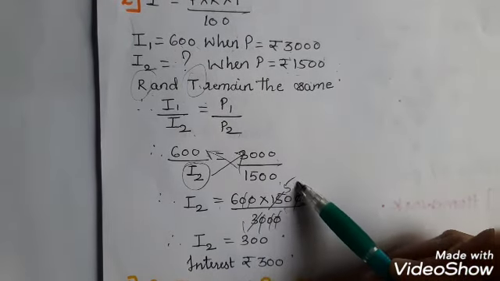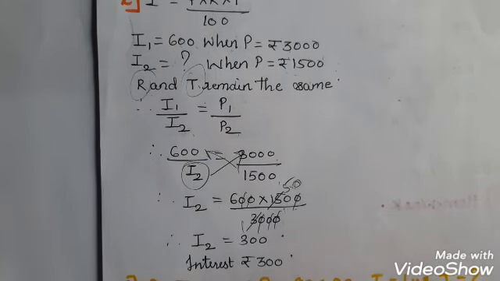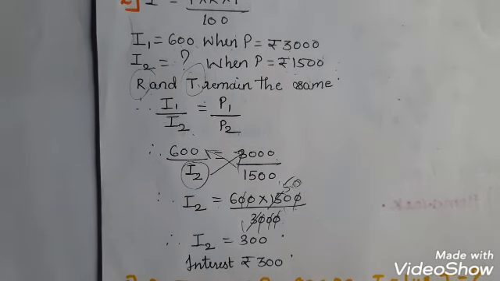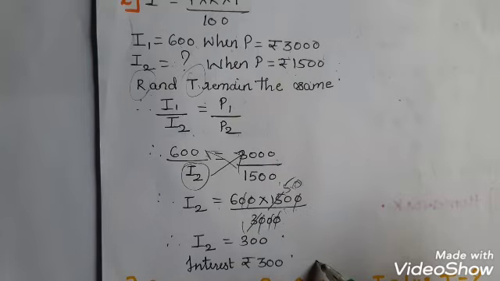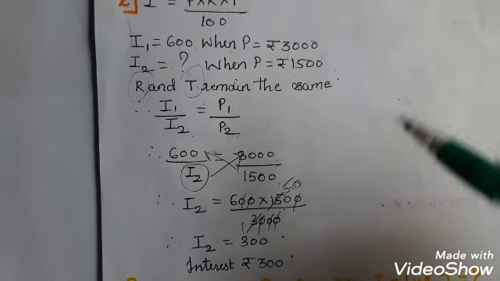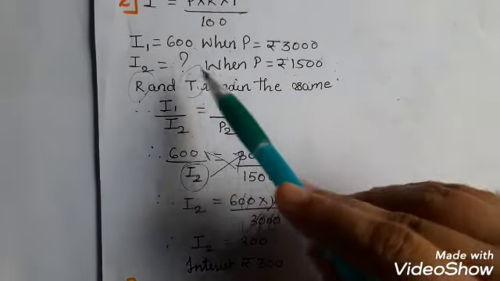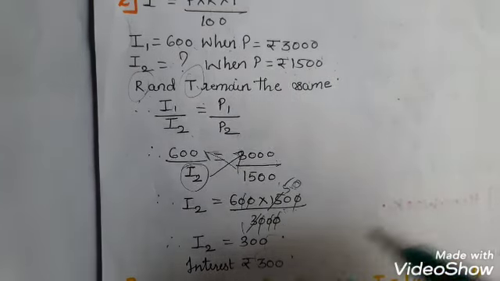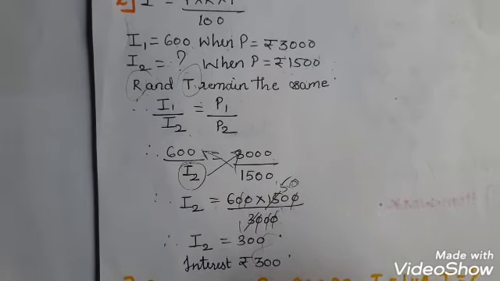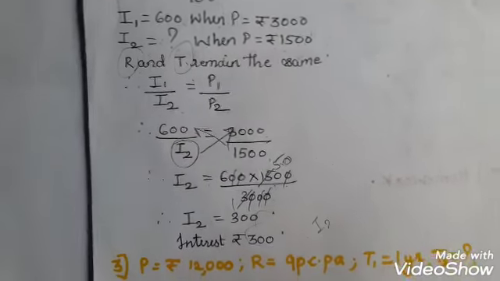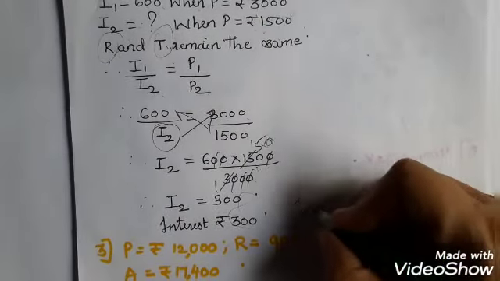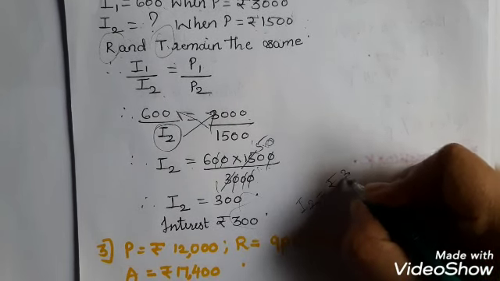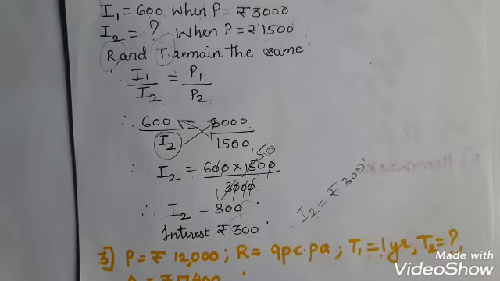So this is 50 and 6, 56... 300. So your I2 is 300 rupees. So the interest on the principal of rupees 1500 is rupees 300. So what is your I2? I2 is equals to rupees 300.